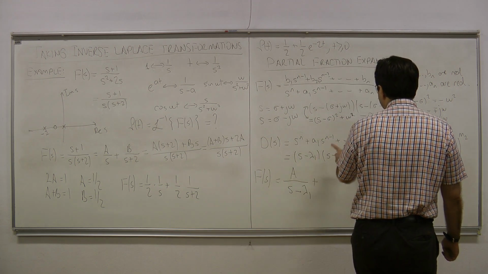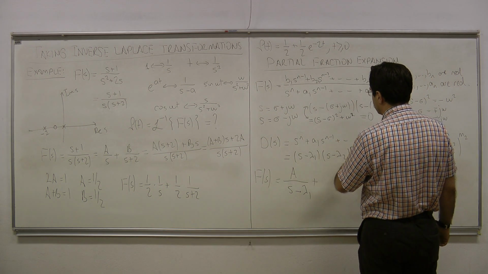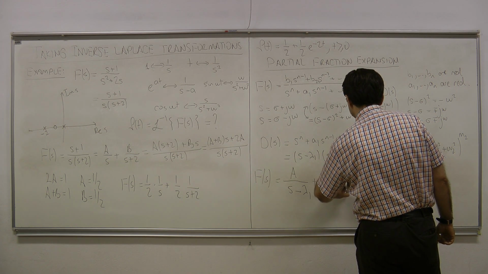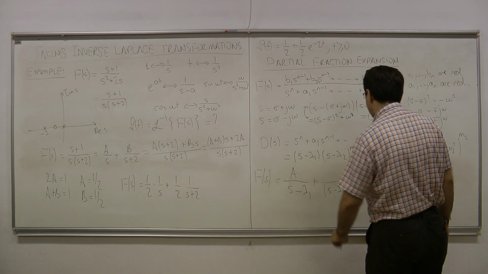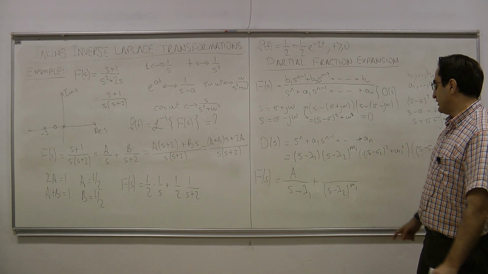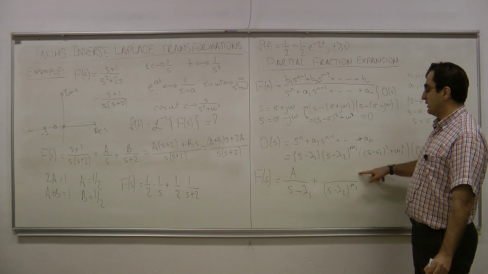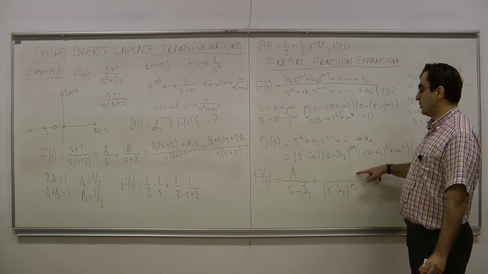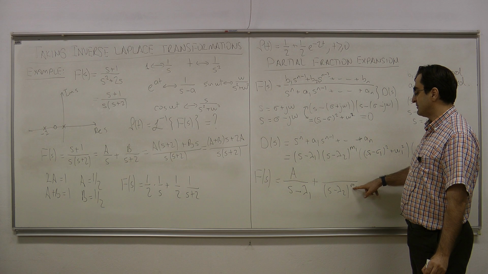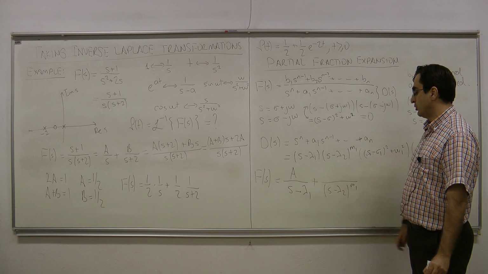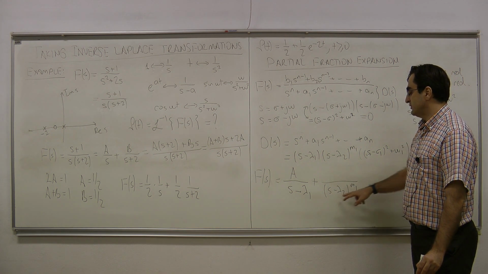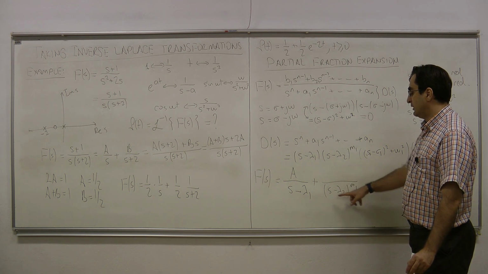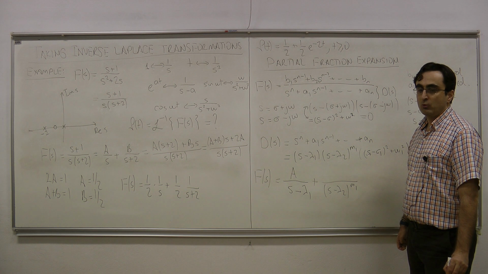Plus, the second term in the partial fraction expansion is going to be s minus lambda 2 to the power m1. What I told you is that I'm going to put here an unknown polynomial, and the order of this unknown polynomial is always going to be one less than the order of the denominator polynomial. What is the order of the denominator polynomial? The highest power of s in the denominator is s to the power m1.